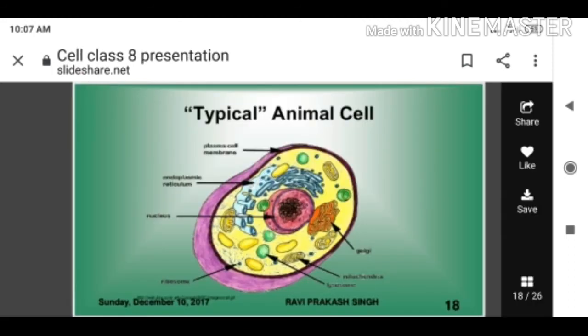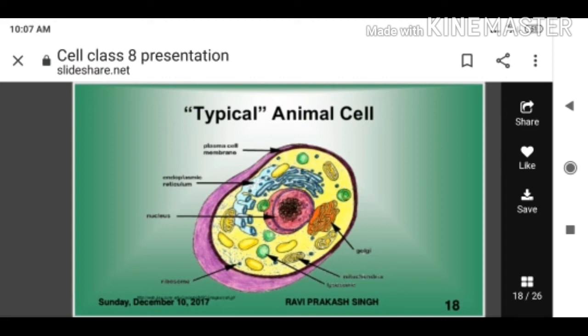Children, now see a typical picture of an animal cell. The animal cell has an outermost layer called the cell membrane or plasma membrane. The nucleus is present in the center of the cell and is surrounded by the nuclear membrane. Next to the nucleus is the endoplasmic reticulum, which is attached to the nucleus.